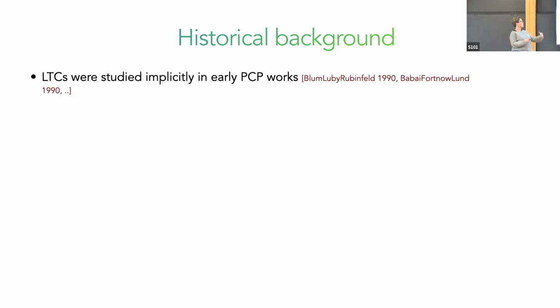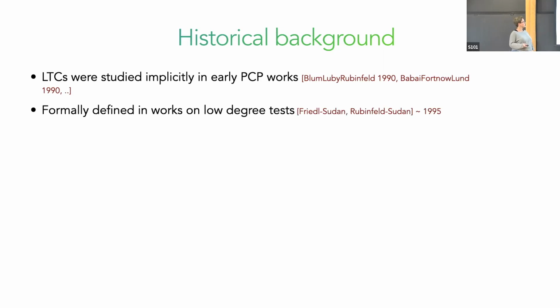They were implicit in early PCP works. When you construct PCPs, you naturally want to encode the proof in some other way that's locally checkable. And the way it appeared in these works was under the name low degree test. We always use polynomial codes like Reed-Muller codes, whose codewords are low degree polynomial functions.